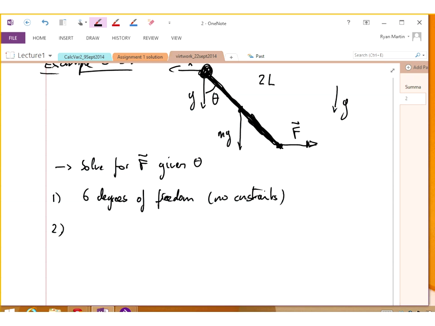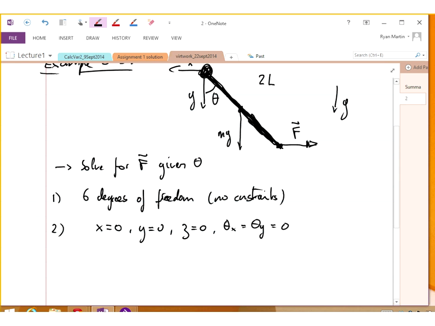So if that were our choice of 6 degrees of freedom, then the holonomic constraints that we have are that x is equal to 0 because the pivot point is fixed, y is equal to 0 for the same reason, z is equal to 0 for the same reason, and then the rod is constrained to swing in the xy plane, and so we have the angle about the x-axis is equal to the angle about the y-axis, which is equal to 0.